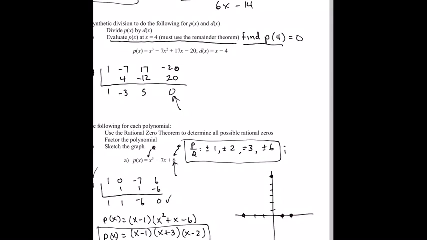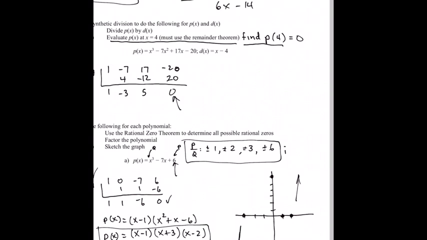You find a y-intercept, remember, by letting all the x's equal 0. And since this is a third-degree polynomial, I know the left side is going down to negative infinity, and the right side is going up to positive infinity. And all of the zeros have a multiplicity 1, which means that at the zeros or x-intercepts, the graph crosses through at each of them and doesn't bounce.